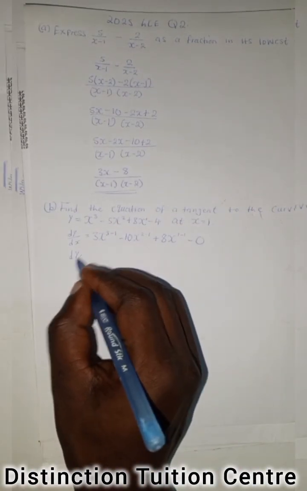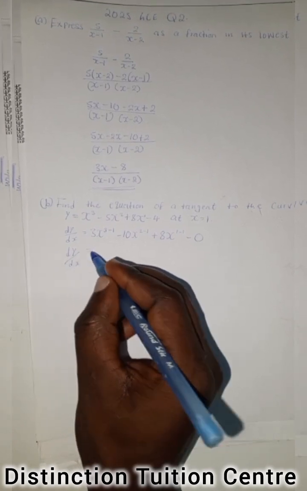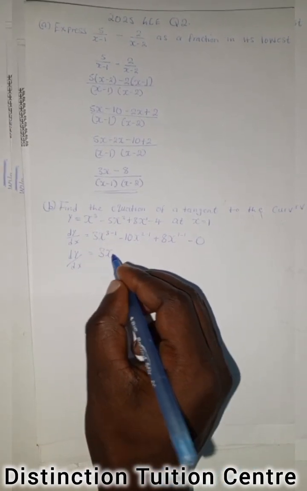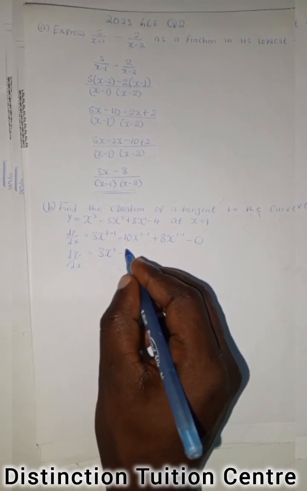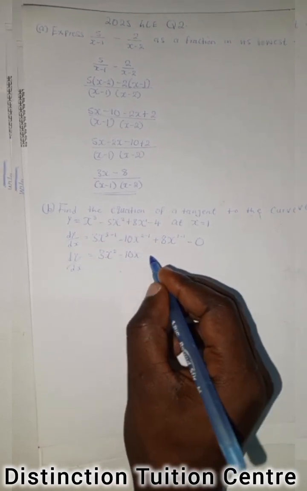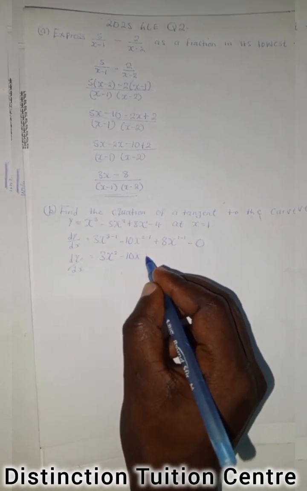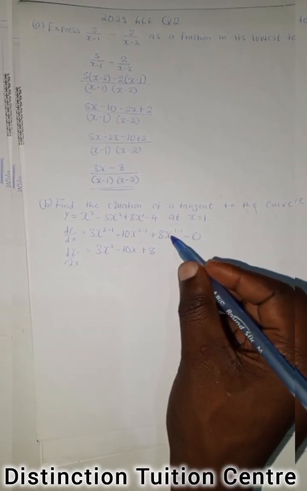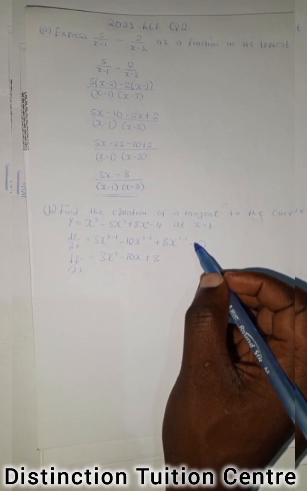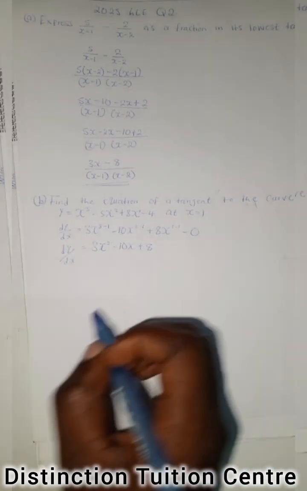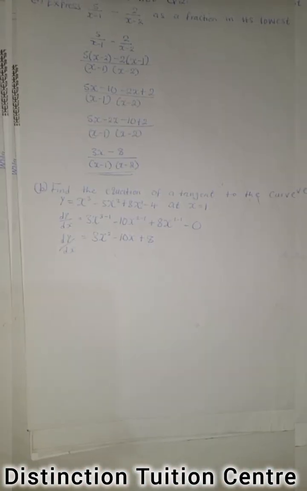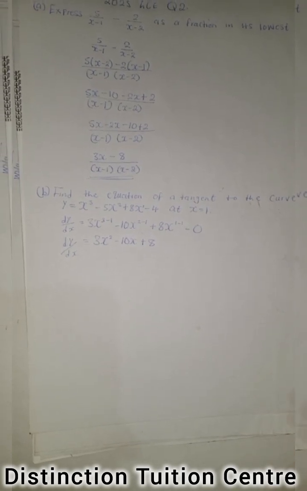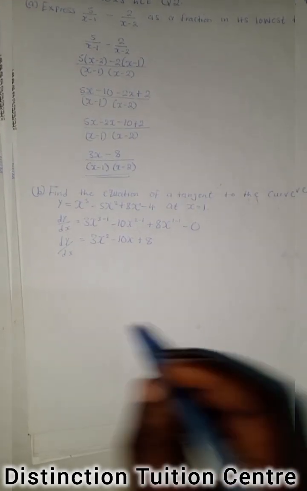So this will give us our dy dx to be 3x squared minus 10x, and this is plus 8. And then remember x to the power 0 will be equal to 1, and 1 times 8, it will be just 8.